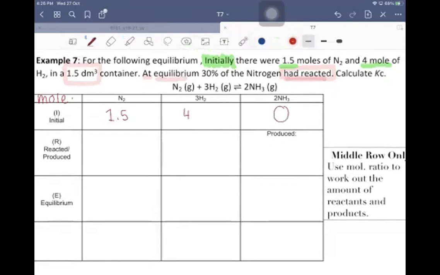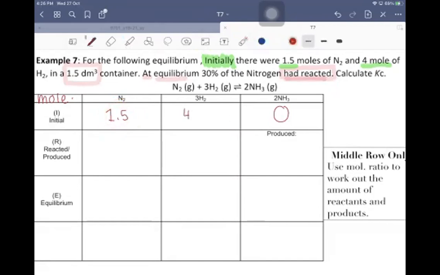At equilibrium, 30% of the nitrogen had reacted. This means that only 30% of the initial was involved in the reaction. The rest, the one in excess, stays in your equilibrium. Okay?